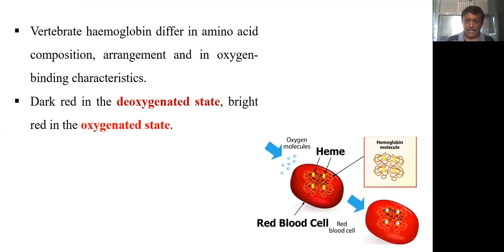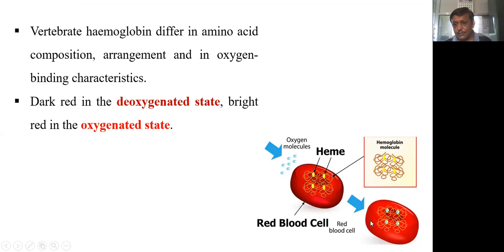So here in this diagram, we can see this is a hemoglobin, and this hemoglobin is not combined with oxygen. Here are the oxygen molecules which are freely present outside the hemoglobin. So this one appears somewhat dark red in color when the oxygen molecules are not associated with hemoglobin. And as soon as the oxygen molecule combines with hemoglobin, the RBC becomes somewhat bright.